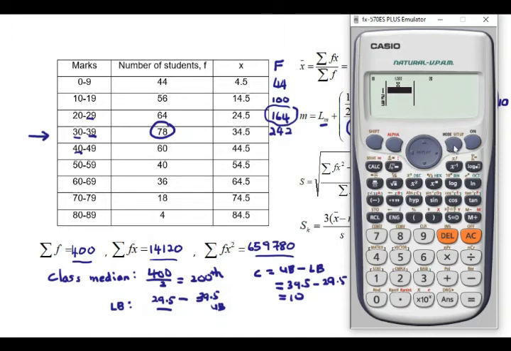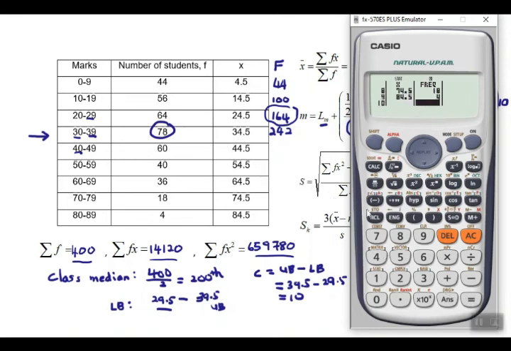Go to Shift, Mode Setup, press down the key, choose 4 Statistics, choose 1 to turn on the frequency. Now enter all the midpoints, start with 4.5, 14.5, 24.5, and so on.